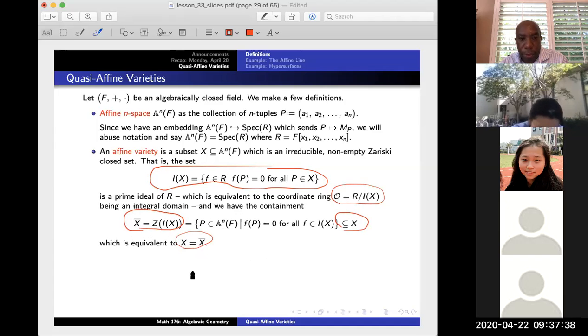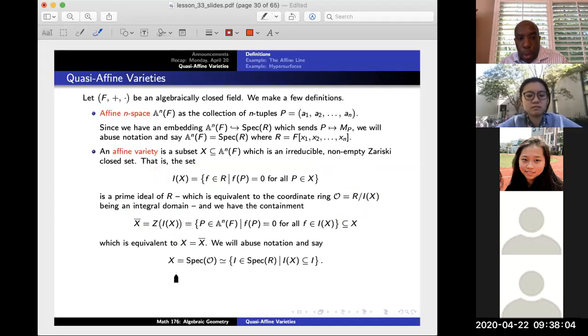These are the two that we want. Irreducible means that our ideal is prime, which is equivalent to our coordinate ring being an integral domain. And this fancy phrase, non-empty Zariski closed, just means that X is equal to its own Zariski closure. So this is what we mean by an affine variety.